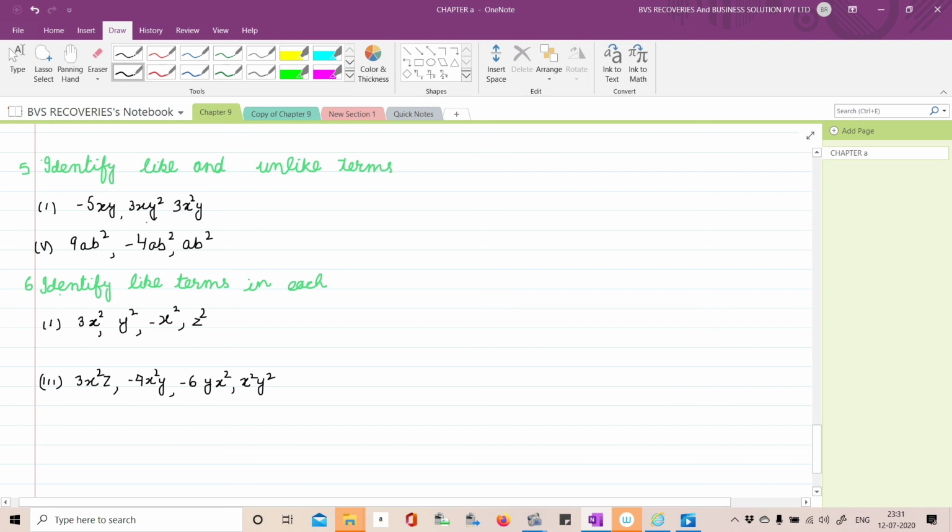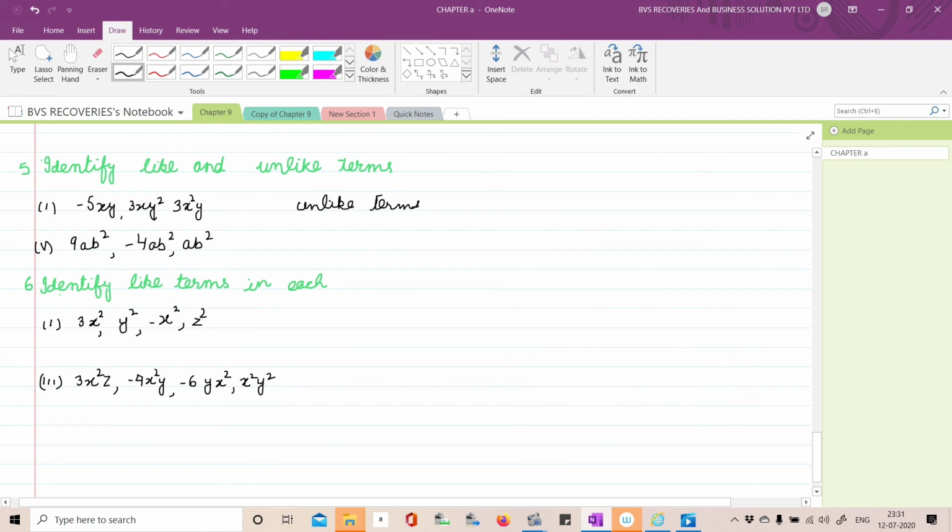Can you find any of the terms in which we have the same variables? Here xy, here xy^2, here x^2y, all are different. So these are unlike terms. So here we have all unlike terms.